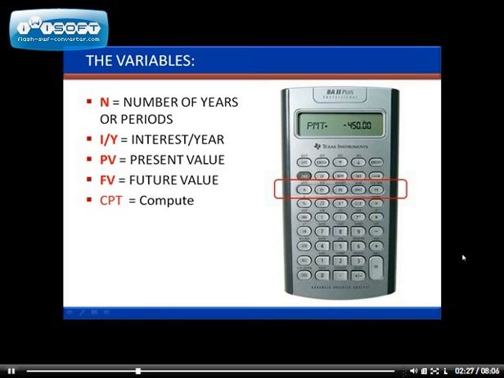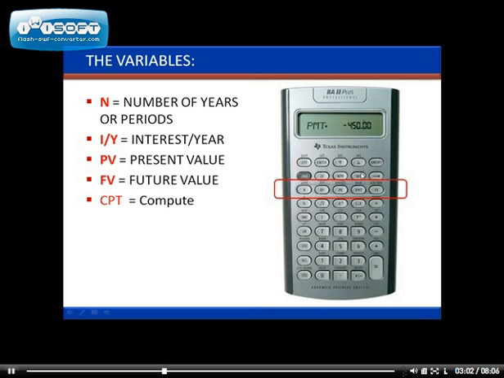So the variables that I used to come up with the numbers that we got in the last video tutorial were N, the number of years or periods; I/Y, which stands for interest per year; PV, the present value; and FV, the future value. And I also use the compute button.